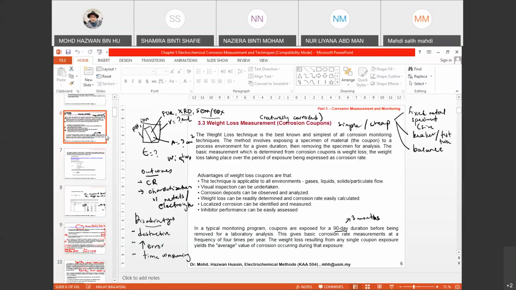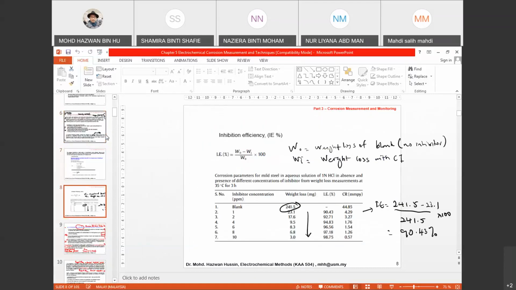It takes some time, and it has a higher percent of error as compared to other processes, because you are not going to get the same value. The value deviation is quite huge if you compare one day or other times that you do the test. You are not going to get the same results.